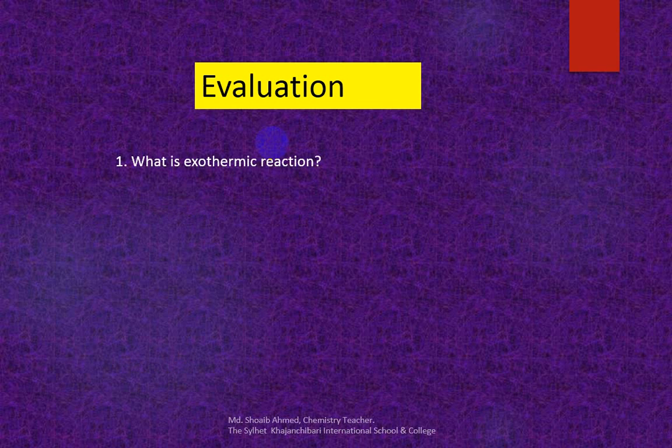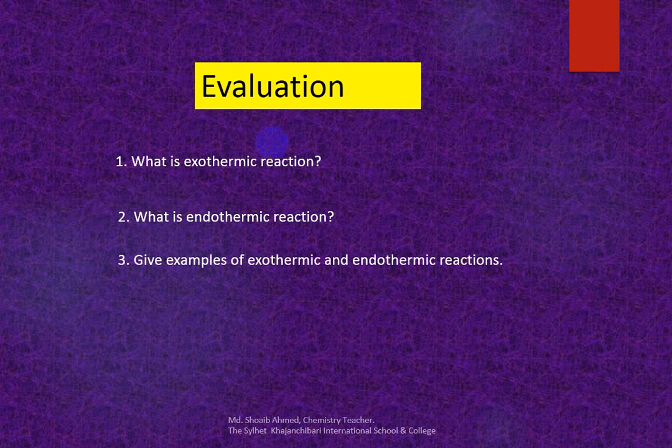Participant: The reaction in which energy is released to the surroundings is called exothermic reaction. Now, what is endothermic reaction? The reaction in which energy is gained from the surroundings is called endothermic reaction. Okay, now give examples of exothermic and endothermic reactions.